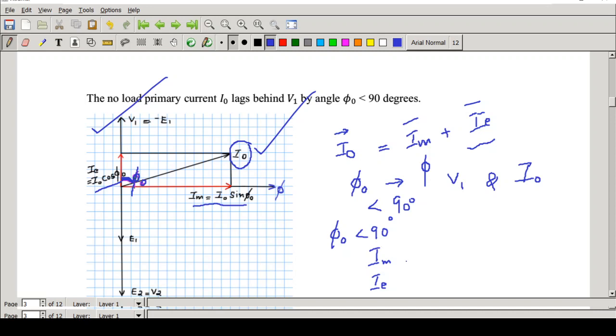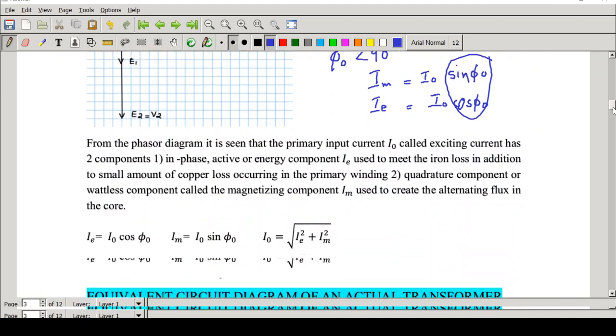Let me write the relation: Im is equal to I0 sin phi 0 and IE is equal to I0 cos phi 0. Now you can square the terms and add them. Sine squared plus cos squared you know is 1. So you will get I0 squared is equal to Im squared plus IE squared.